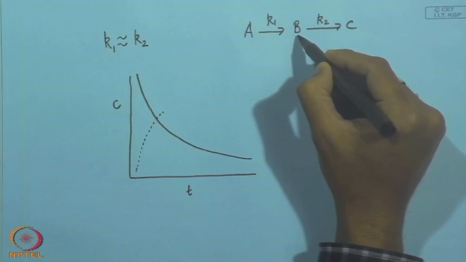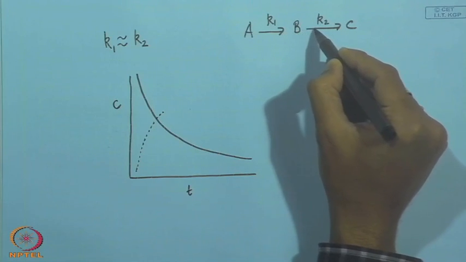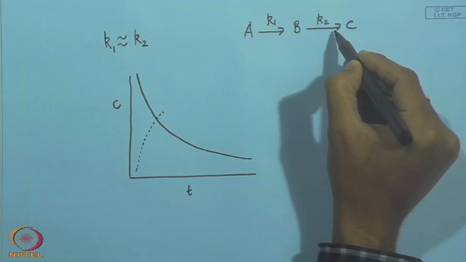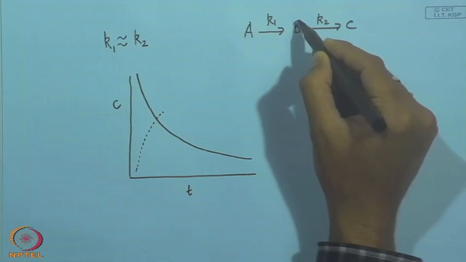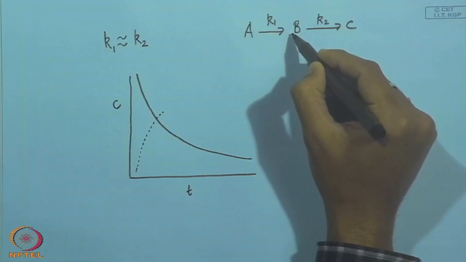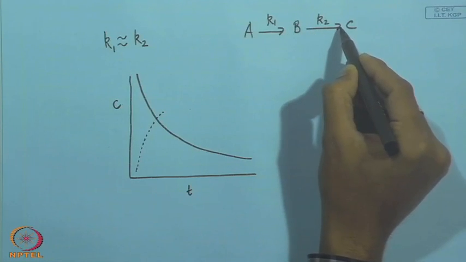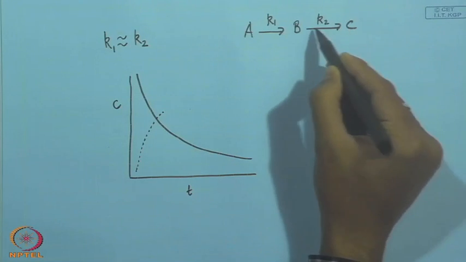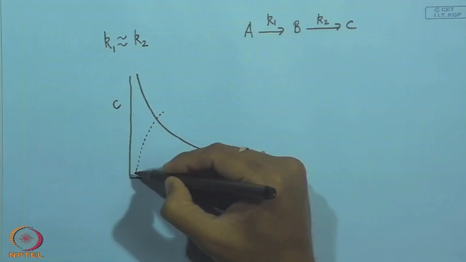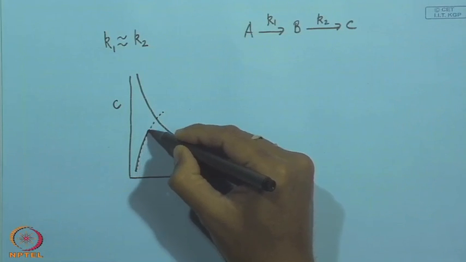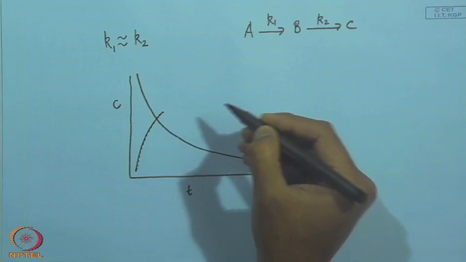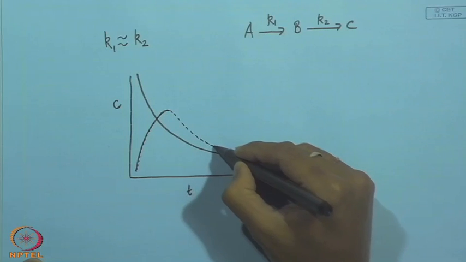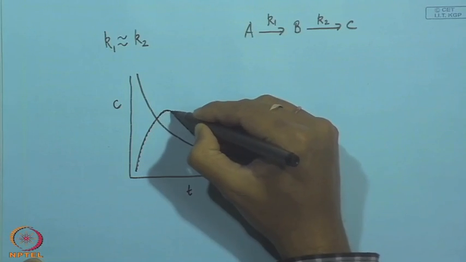When this concentration is low, we will not be able to feel the effect of this step. That is why up to a certain point it will keep on rising and then eventually it will decay because of the second step with K2.